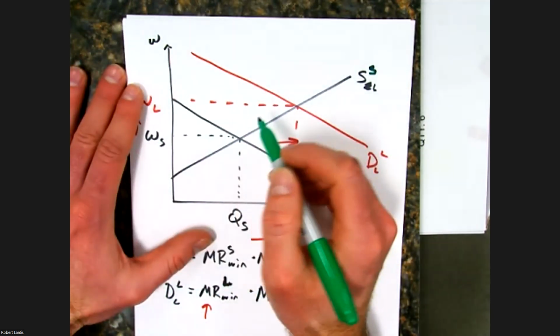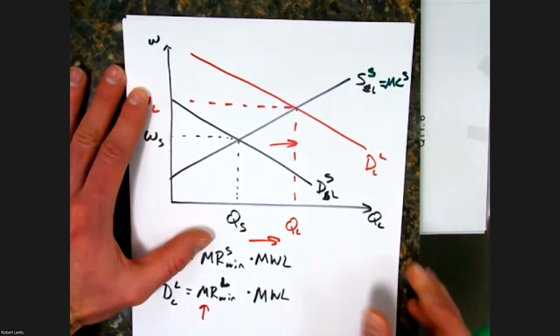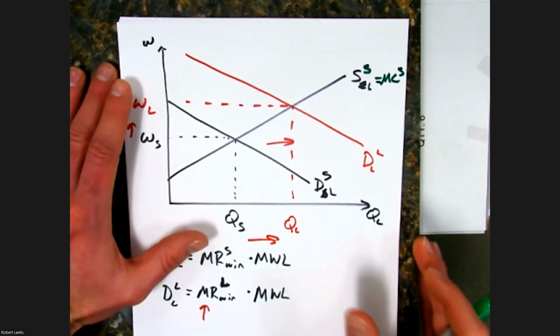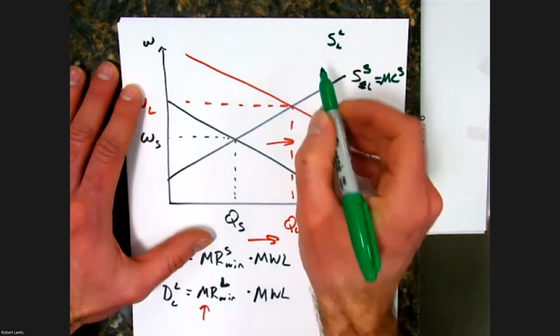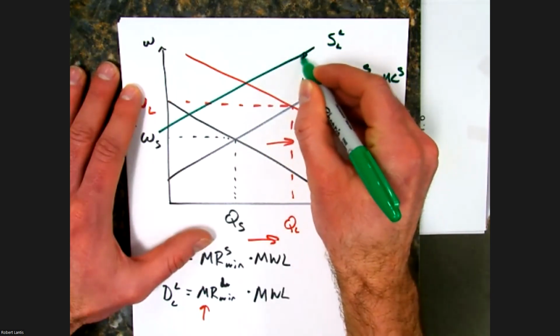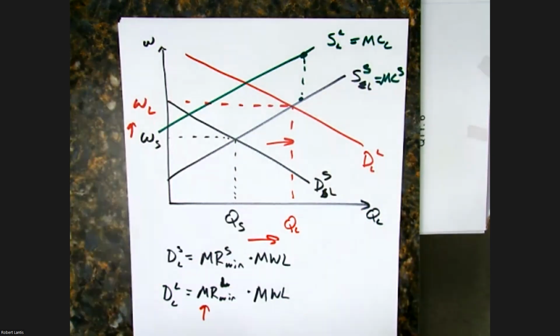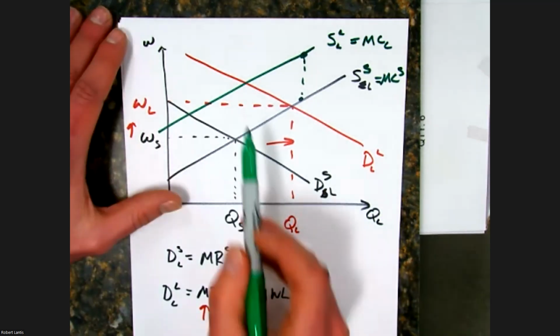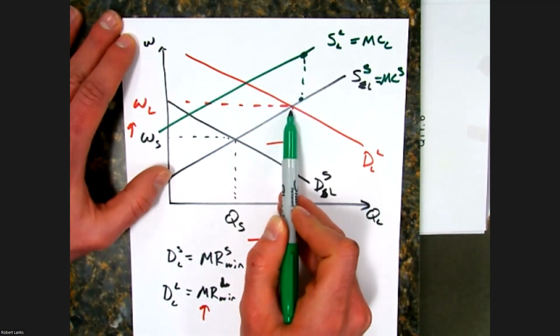So if I have higher costs, remember, the supply curve is really just telling me the marginal cost. So if in the large market, at every single quantity of labor, my costs are higher, right? So we can think about it as the marginal cost of this larger market may be higher, which would then say, okay, in this large market, they can't get away with paying this wage anymore.